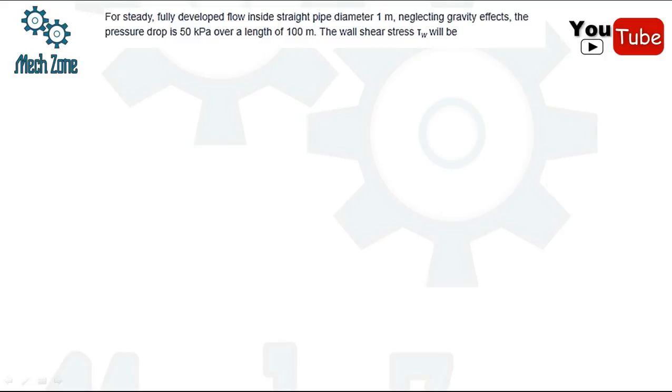Now in the next question, for a steady fully developed flow inside a straight pipe of diameter 1 meter, neglecting gravity effects, the pressure drop is 50 kilopascal over a length of 100 meter. The wall shear stress would be, now we will directly use the formula tau wall is equals to delta P D upon 4L.